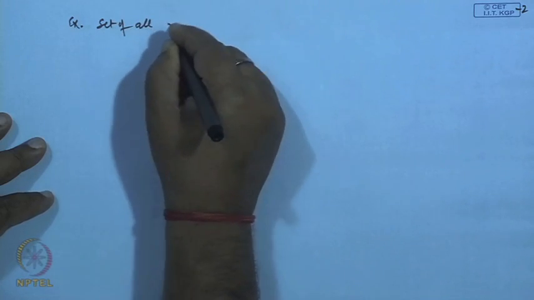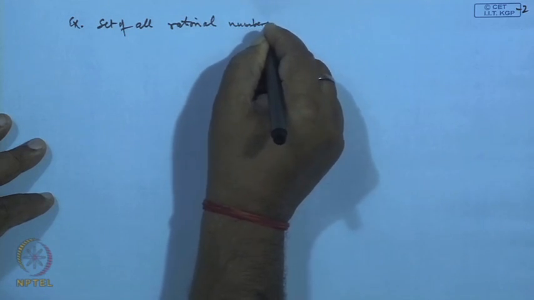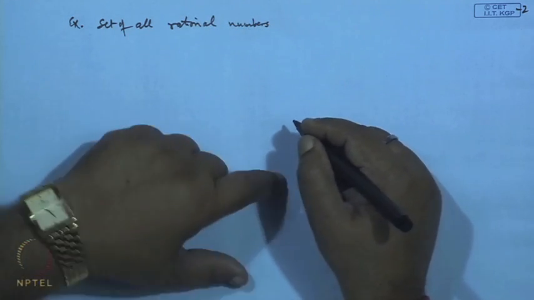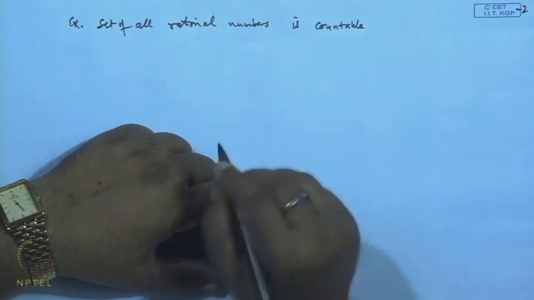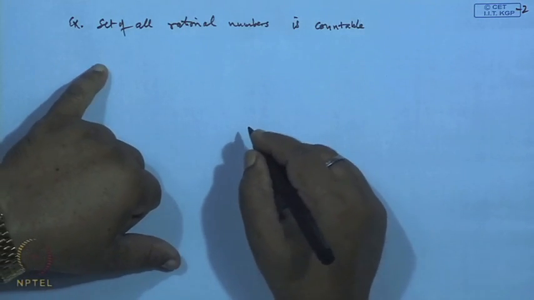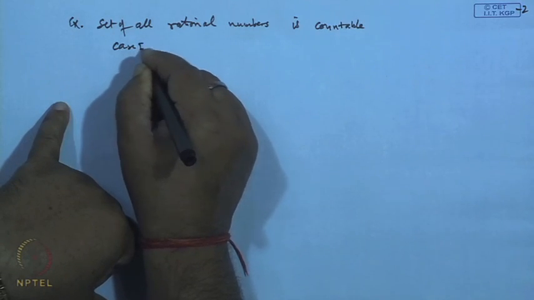Then another example which we are doing: the set of all rational numbers is countable. This also we have discussed, so let us take the different cases here again.